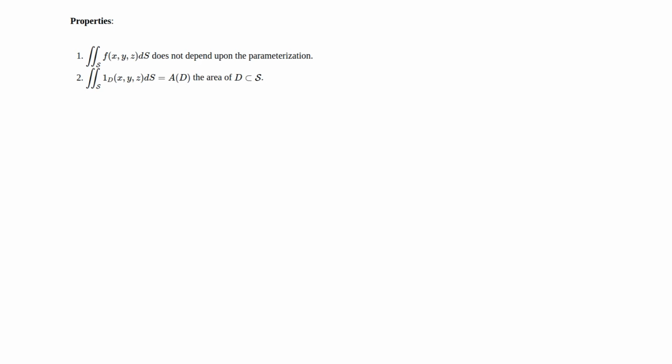The disjoint sum property continues to hold, which says that if we're finding the surface integral over a disjoint union of surfaces, say S1 and S2, where S1 and S2 do not intersect, then we can write that as the surface integral over the first surface S1 of f dS plus the surface integral over the second one S2 of f dS.